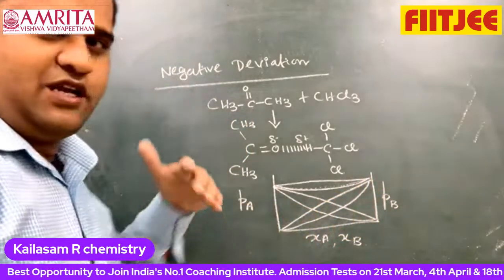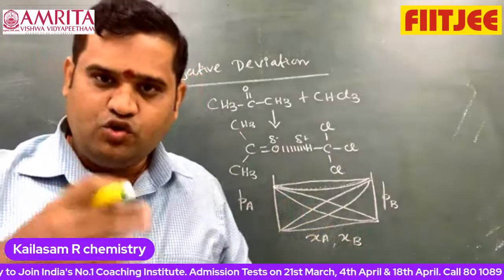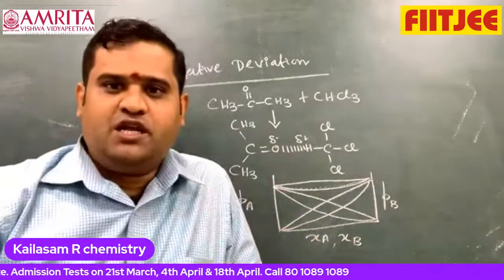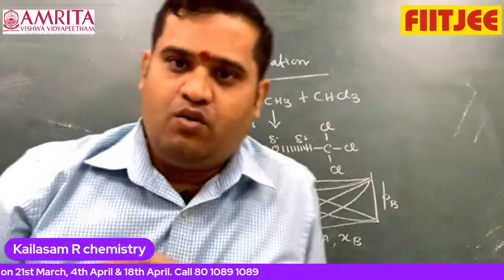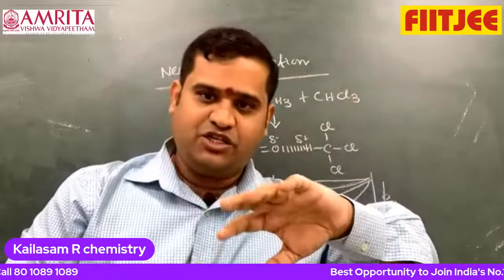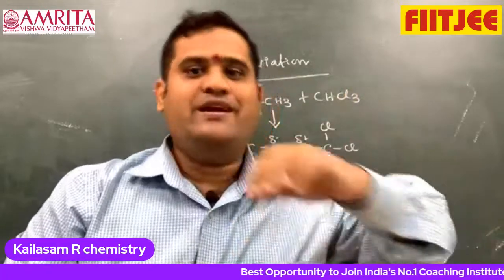So the solutions deviating from Raoult's law: one is called positive deviation, another is called negative deviation. In positive deviation, the AA and BB interactions are stronger than the AB interaction.